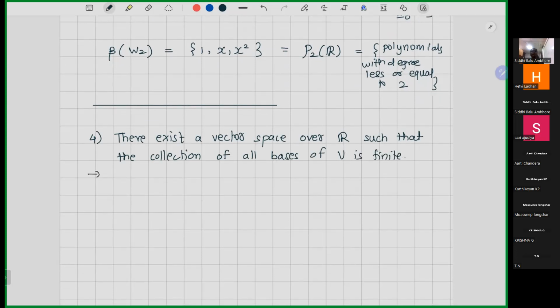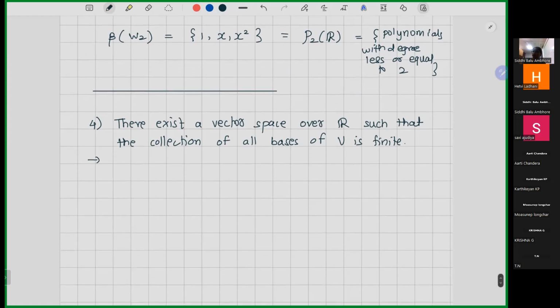I mean, it is saying that, can we have a vector space over R such that we can have only a finite set of bases. I'm not asking that the vector space is finite dimension. I'm asking that it has only finitely many basis sets.